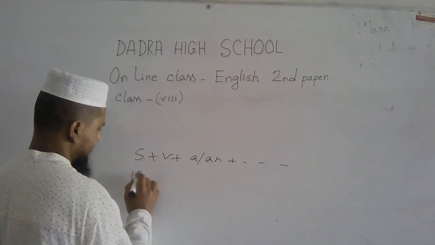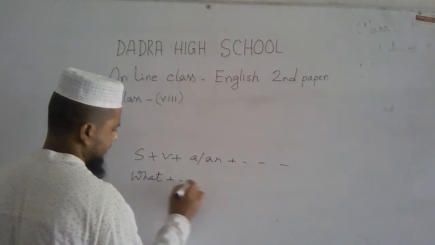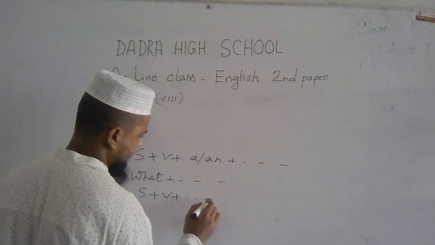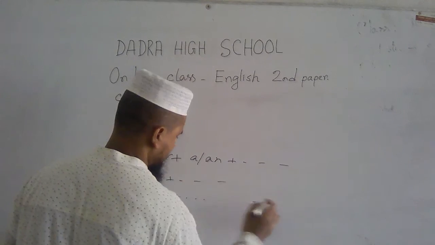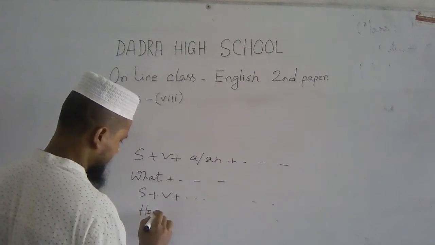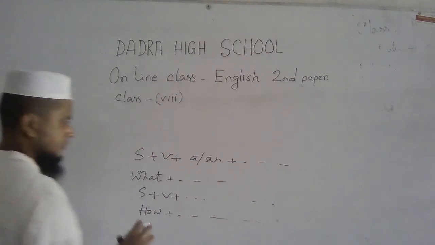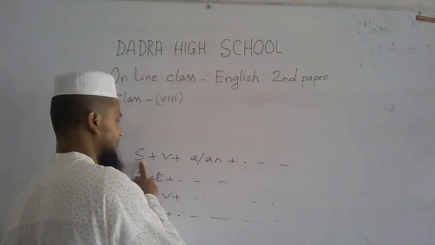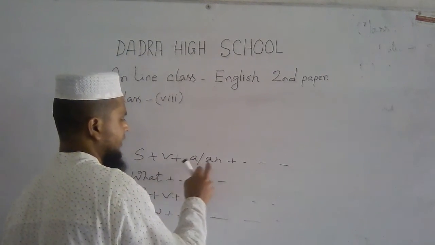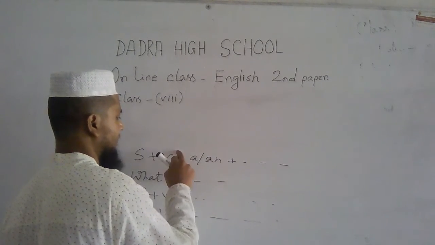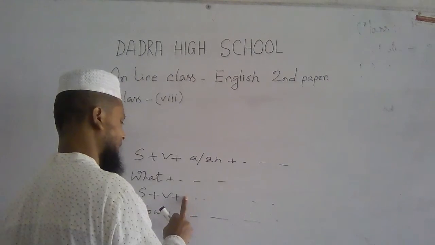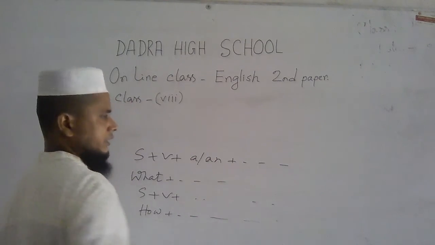You will take what, and if the sentence is subject, verb, then you can use how. That means if in the assertive format the article A or AN comes after the verb, you will take the what format, and if there is no article, you will take the how format.